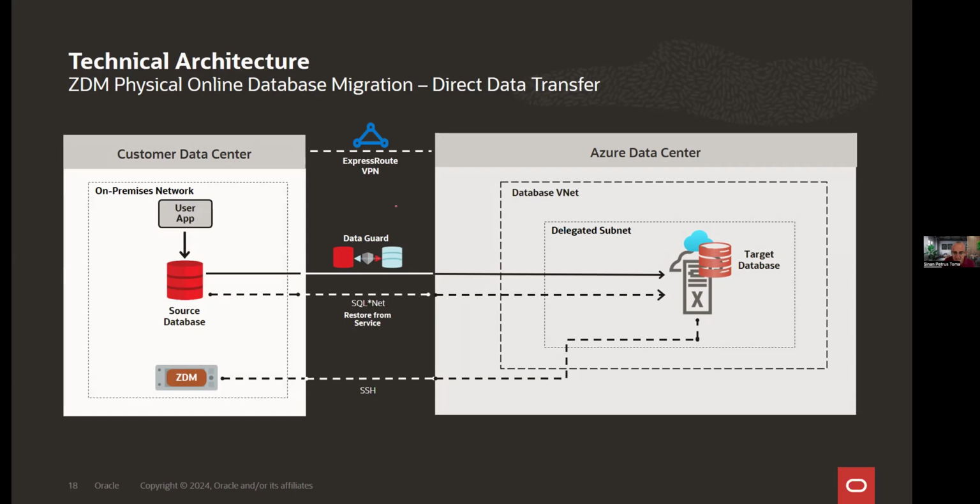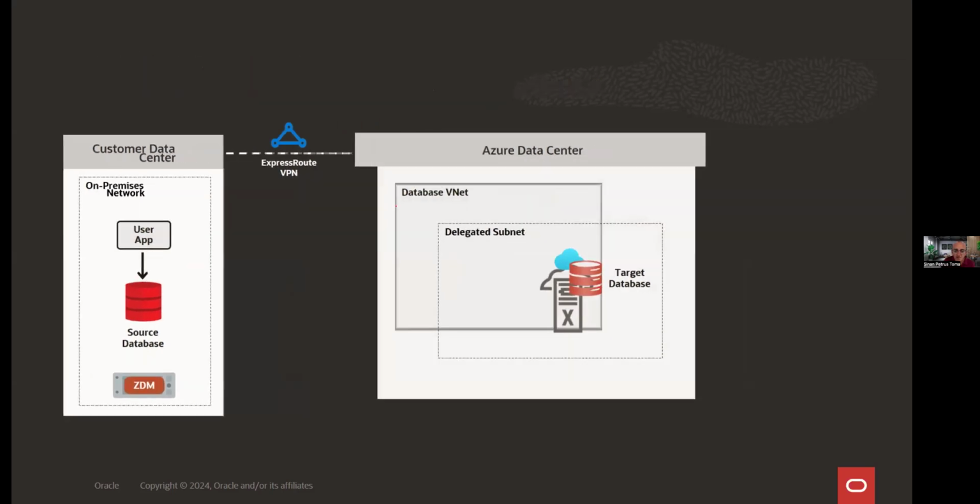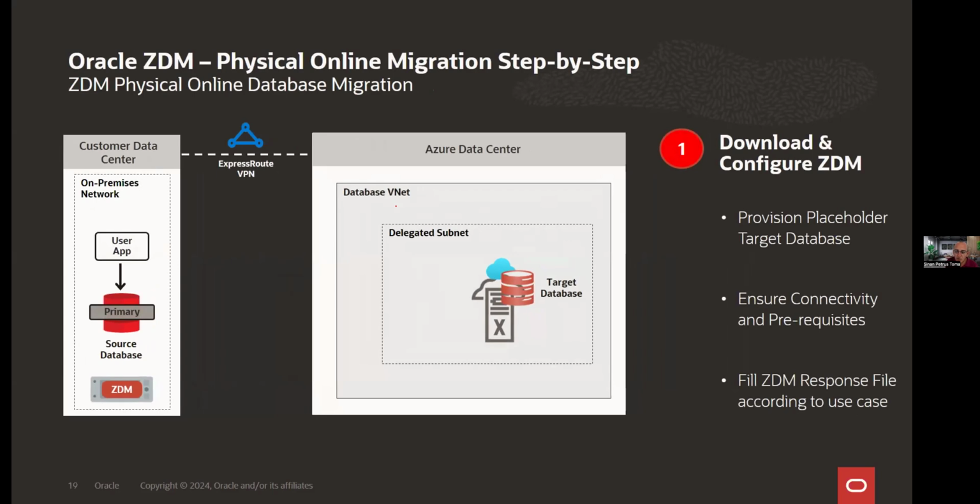So next, I'll take you through the step-by-step instructions or the steps that are required for this migration workflow, which is basically what you will do first is download the ZDM software, install it on a VM.